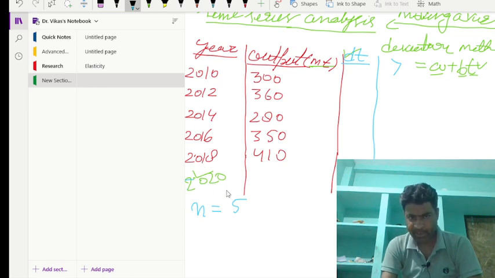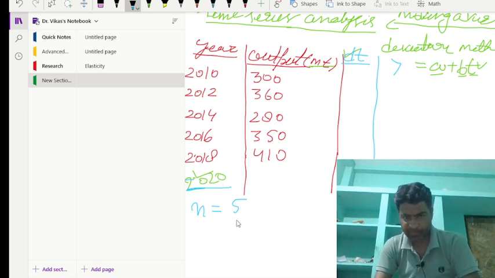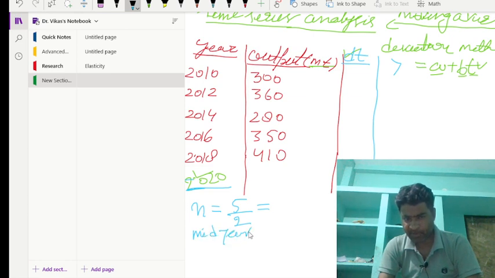2020 is the future value that we will have to calculate. So n upon 2, that is, first we need to calculate the mid year or mid time.